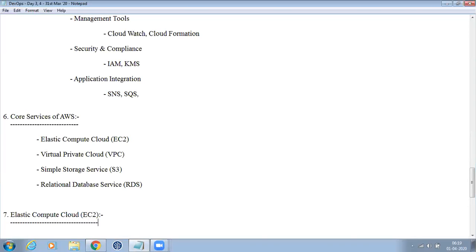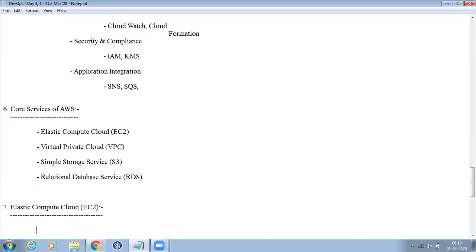Let's try to understand some of the common or important features of EC2, then we can go to the next topic.